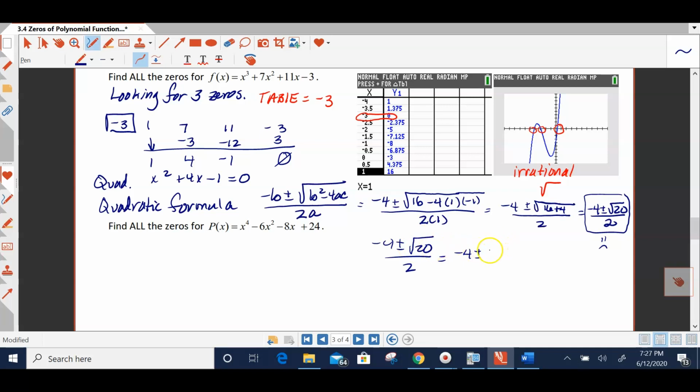So 20 is the same thing as 4 times 5. And 4 is a perfect square, so that's why I chose to break 20 into 4 times 5. When you're working with radicals and you have a multiplication, you can split those numbers up. So I can take the square root of 4, which is a 2, and leave the 5 underneath.